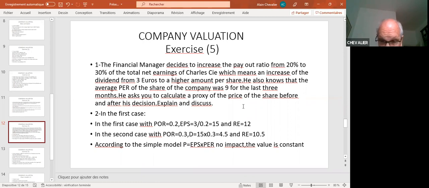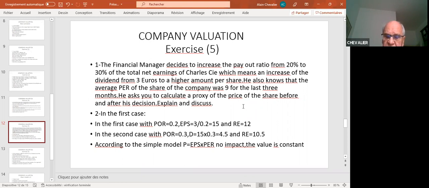So in the short term, when you decide to increase or decrease the payout ratio, there is no impact on the earning per share. The earning per share is the level of the net earnings or net income you find in the accounting system divided by the number of shares. So it is constant.